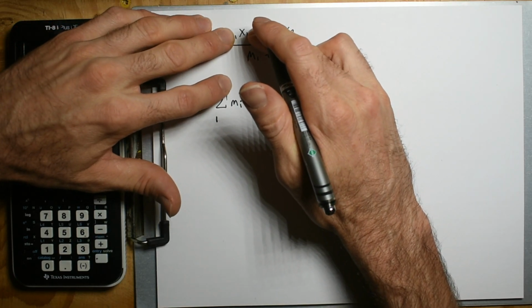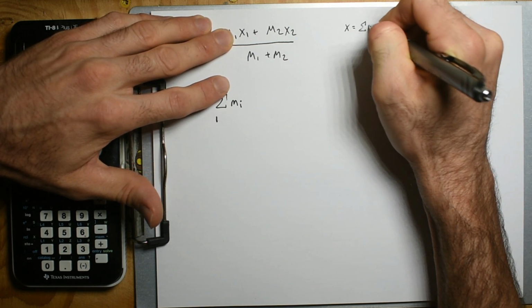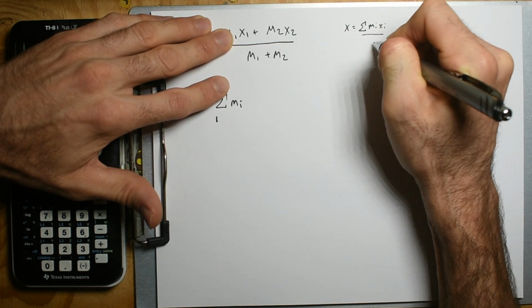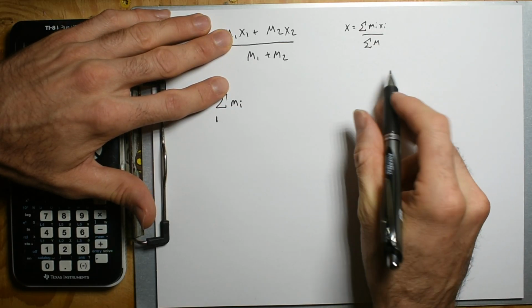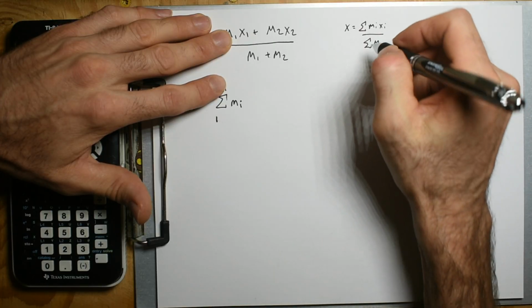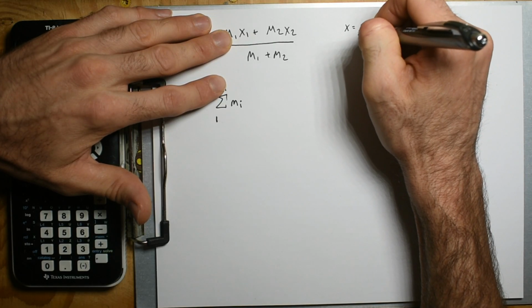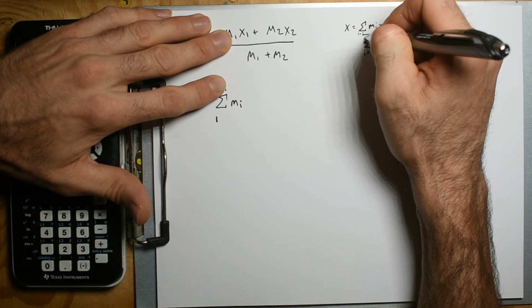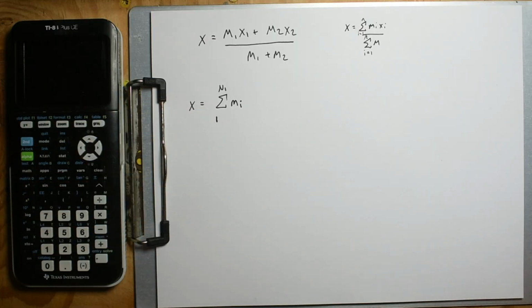Now x is going to be the summation of mixi divided by the summation of m. And I think it's useful to drop the i's. This is just i equal to 1 to whatever. You could put a k right here, or just an n.